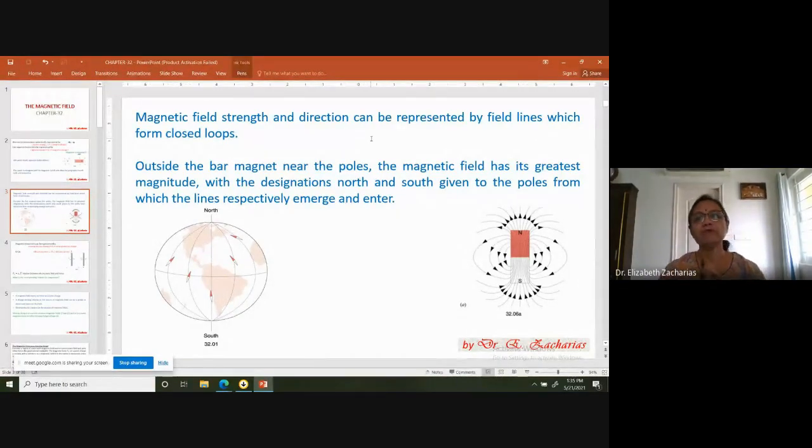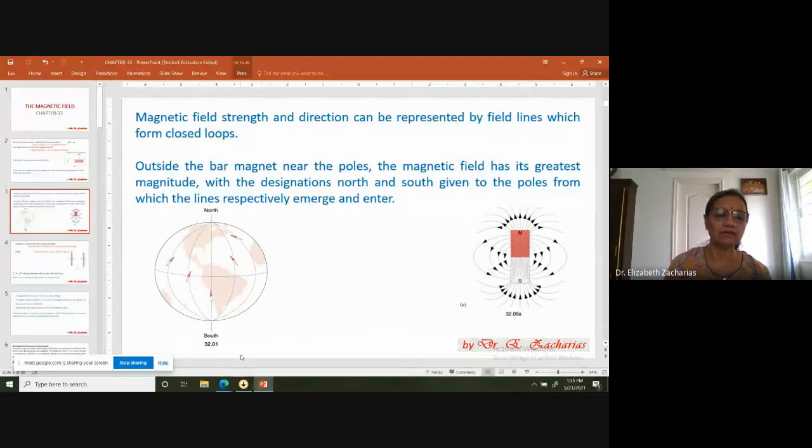Here you see the picture of a bar magnet with the north and south pole, and each magnetic field line forms a closed loop. It emerges from the north and closes in from the south, but doesn't stop at the south. It actually forms a closed loop.